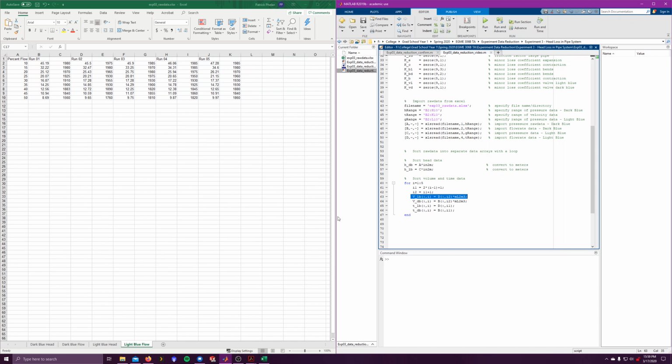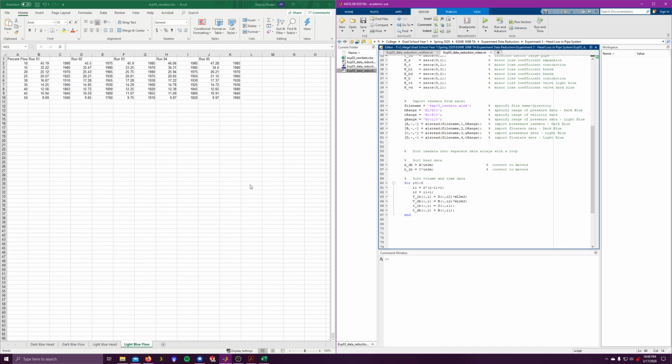So let's do for I equals 1 right here. Then I1 equals 2 times 1 minus 1, so that's 0, plus 1. So I1 is going to be equal to 1. Okay, that's fine. And then I2 is going to be I1 plus 1. That's 1 plus 1, so I2 equals 2.